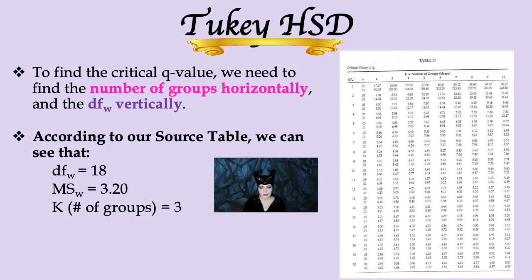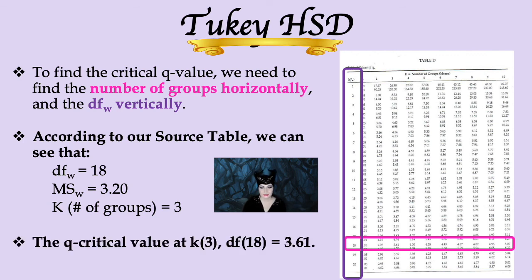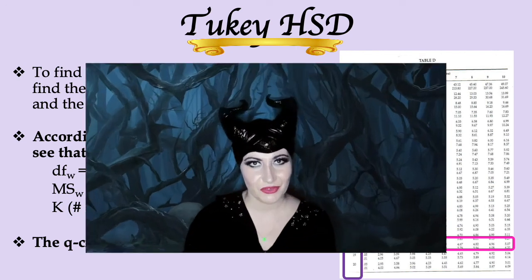To find the Q value, we need K, which is 3, and degrees of freedom within, which is 18. If we look at where those numbers intersect, we can see that the critical Q value is 3.61.